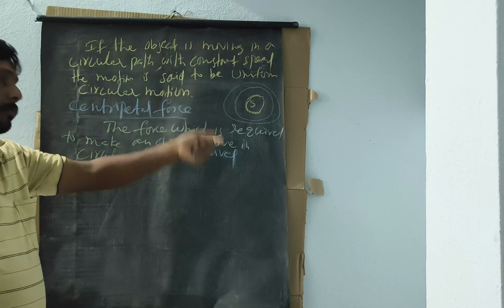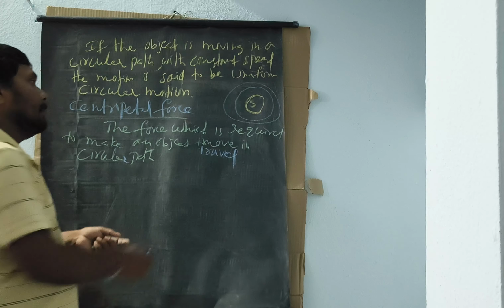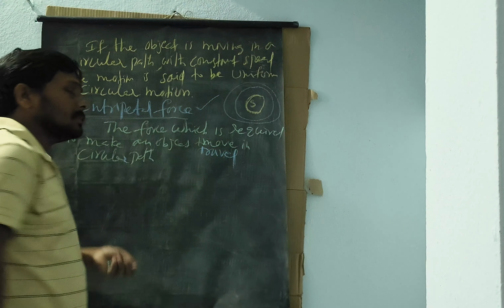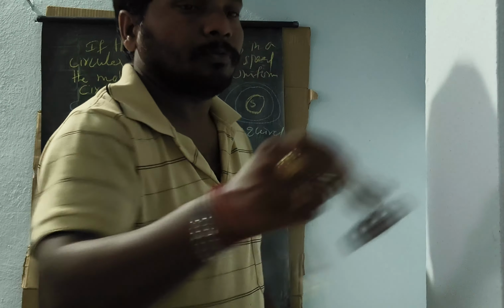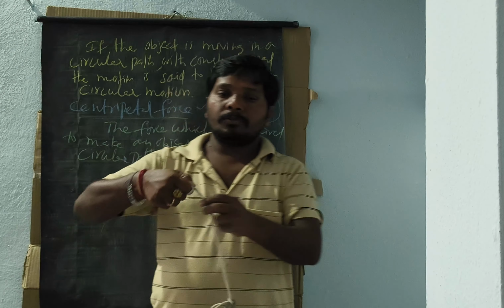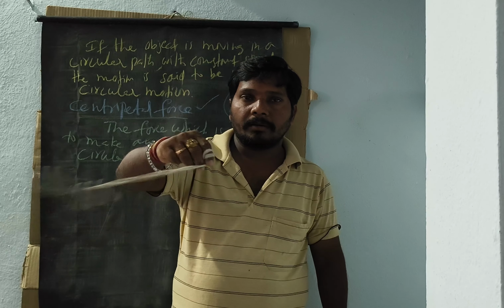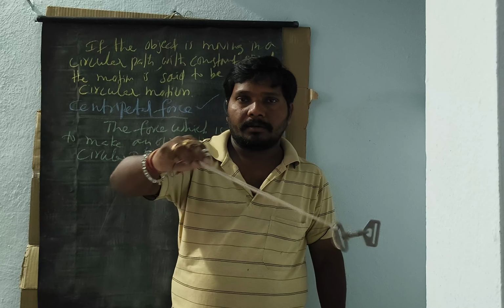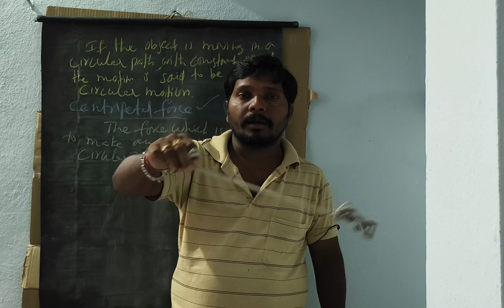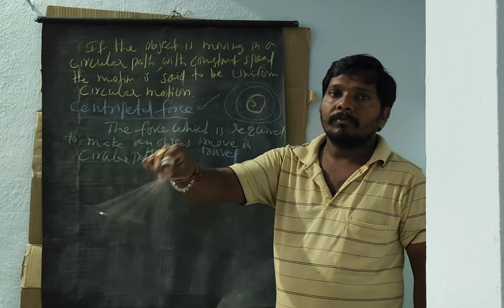To revolve around the sun, a force is applied. That force we call the centripetal force. Here, if I want to move this object in a circular path, a force is required. That force we call centripetal force.